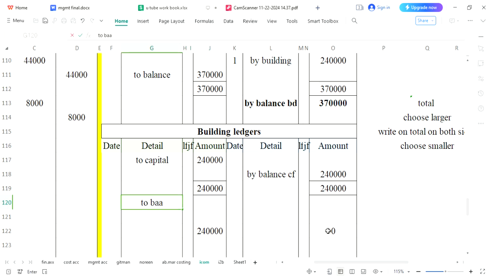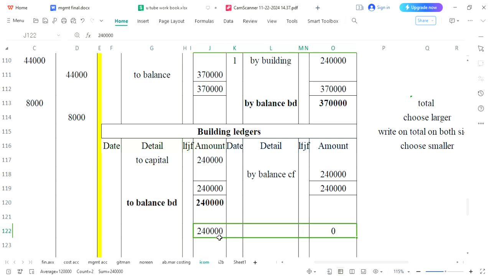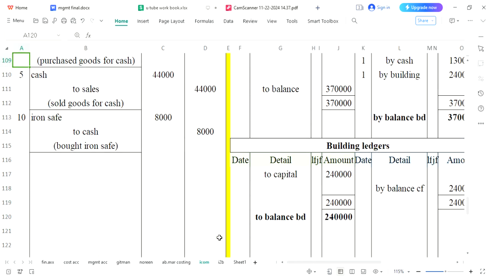As you can see, the first balance was calculated on the credit side and the BD, brought down balance, would be brought to the opposite side, and the same amount of balance we will be writing over here. So guys, in this way our ledger number 3, building, has been completed. The answer was 240,000. These totals of both sides were written just as rough work. Now after building, we will see what is next.